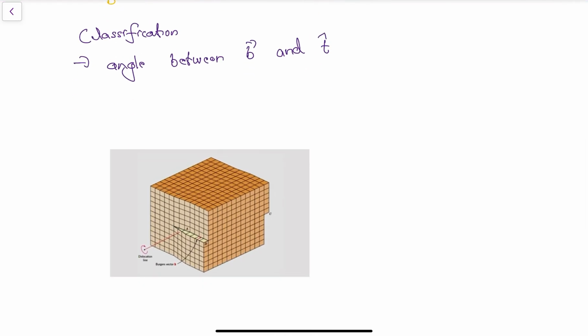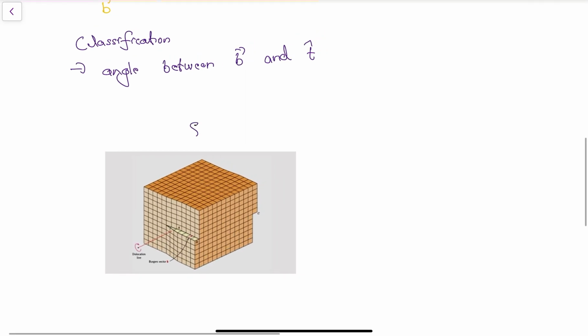Now we can see the various pictures of screw dislocation and edge dislocation. So this picture is that of a screw dislocation.